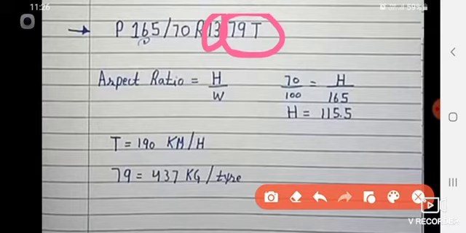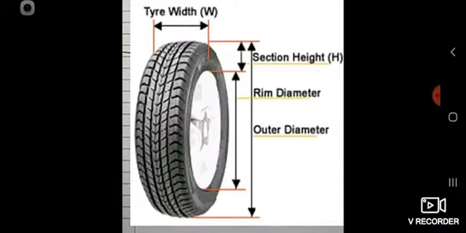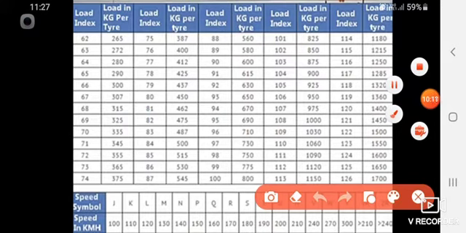Okay, that is indicated by this 79 number, and it has a standard chart, let me show you. Here this 79 number, you can see, this is a standard chart. Okay, here we have load index, load in kg per tire.